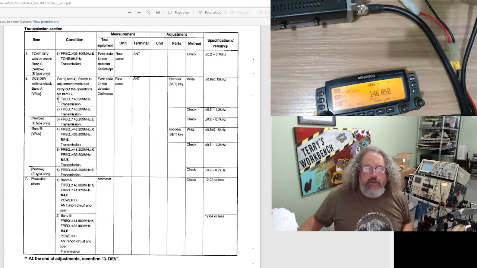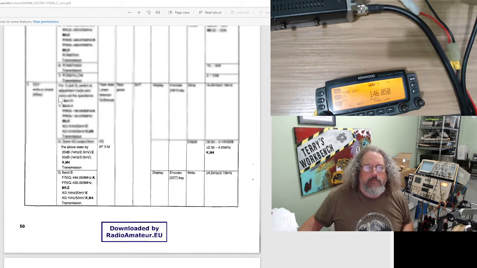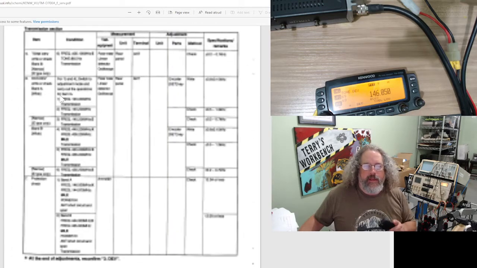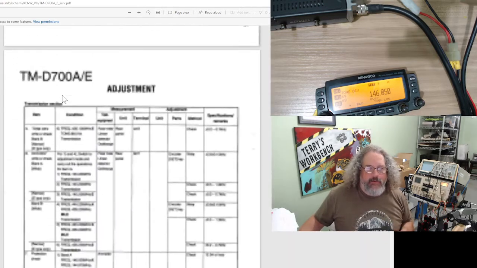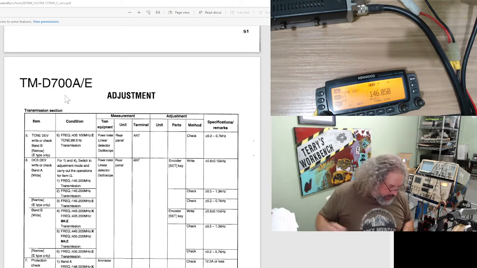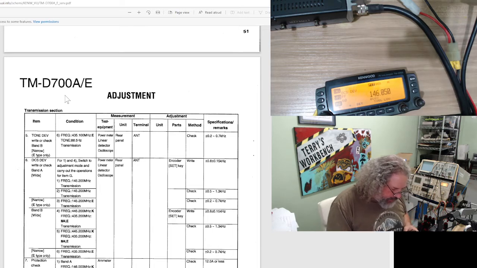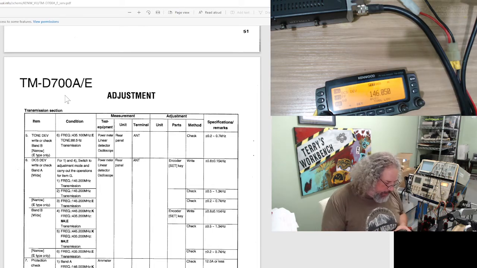We already did DCS deviation. Oh, no, we didn't. We just were setting the flat tops on the DCS, not the deviation. All right, so DCS deviation. Let's go through with that.